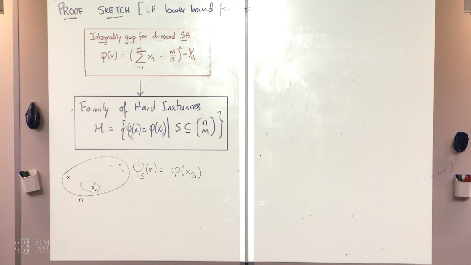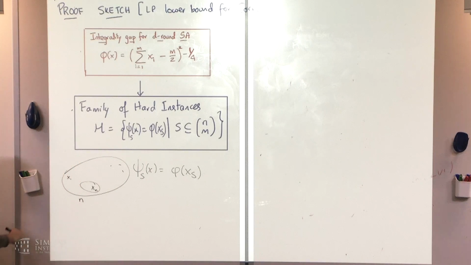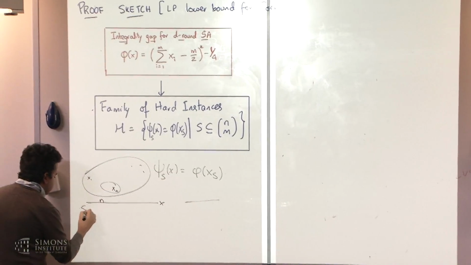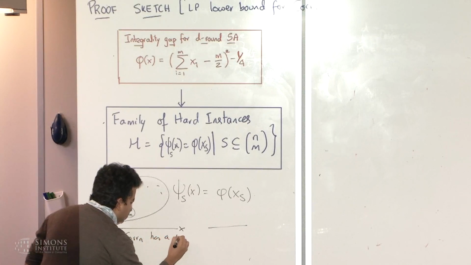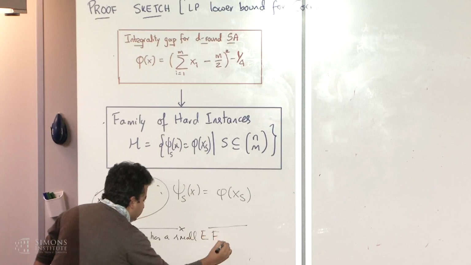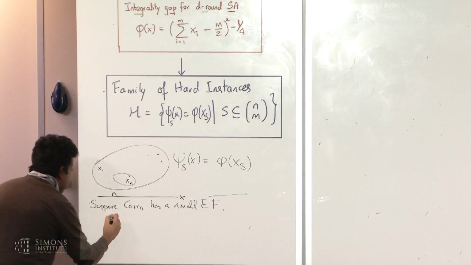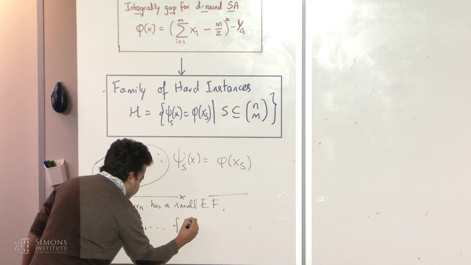Okay. So suppose the correlation polytope has a small extended formulation, let's say a small linear programming formulation. Then we saw that every extended formulation has a family of functions associated with it, which we called F. There are r functions.